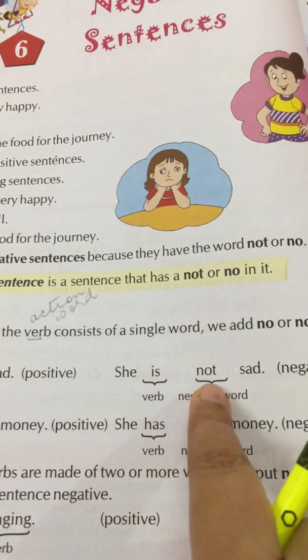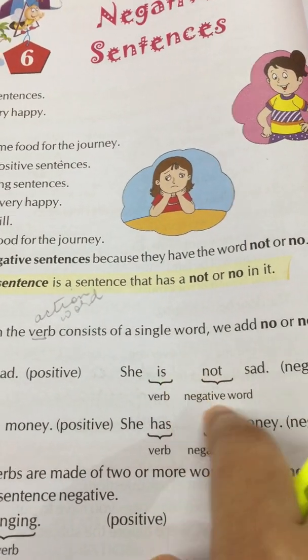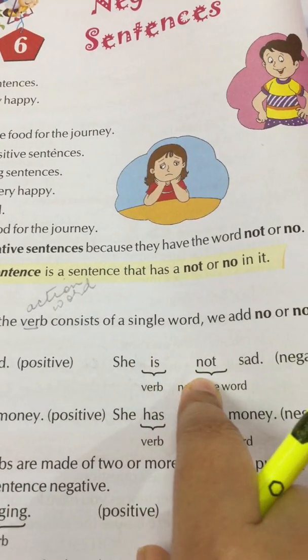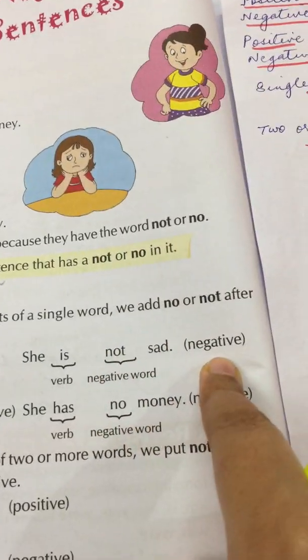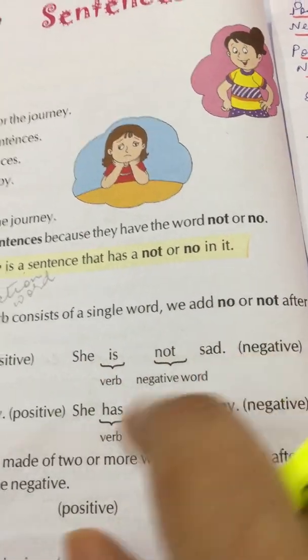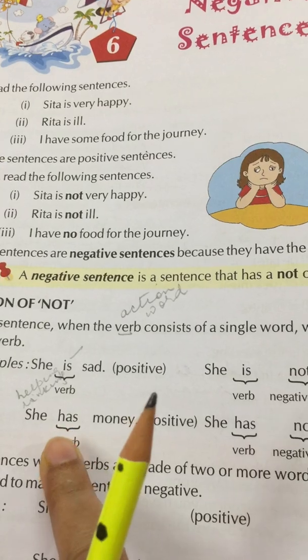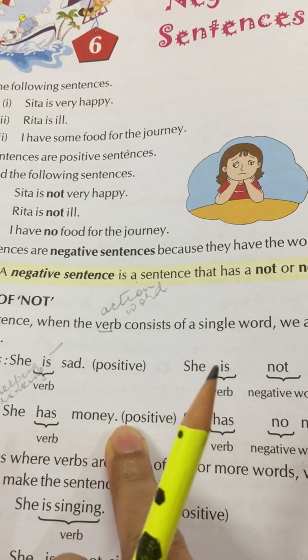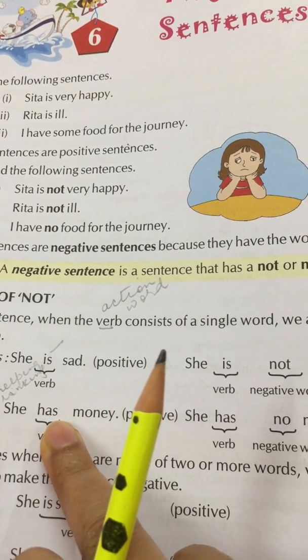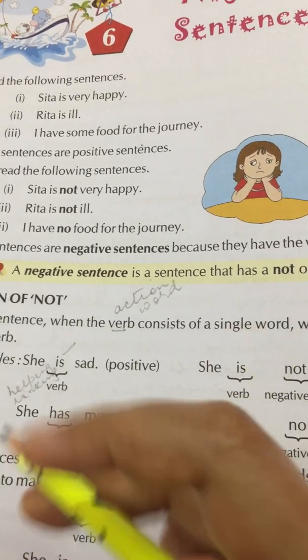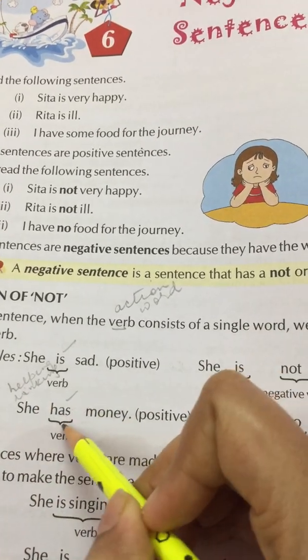You just have to put the negative word not after the verb, and this will make it a negative sentence. Now next one. She has money. Here you can see only one verb.